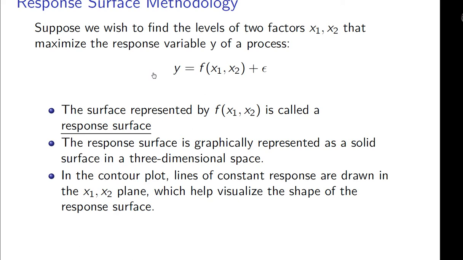And so that contour represents all of the points in the factor plane for which the response value is the same. And then the spacing between contour lines is proportional to the derivatives at that point. And you'll see some examples. Hopefully it'll make it a little bit clearer.